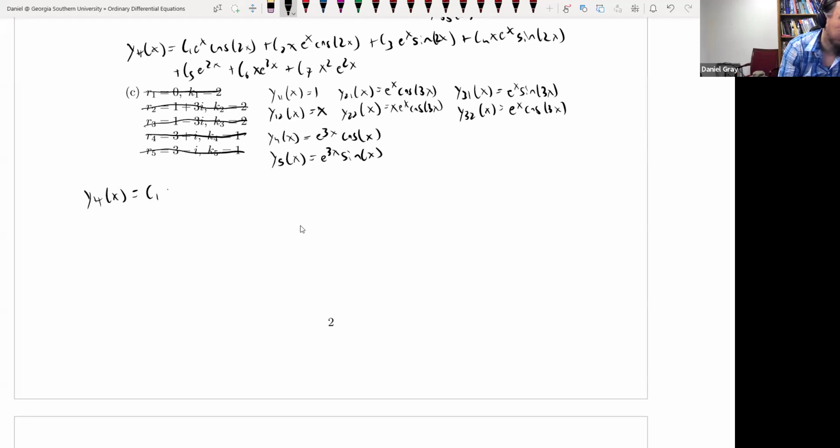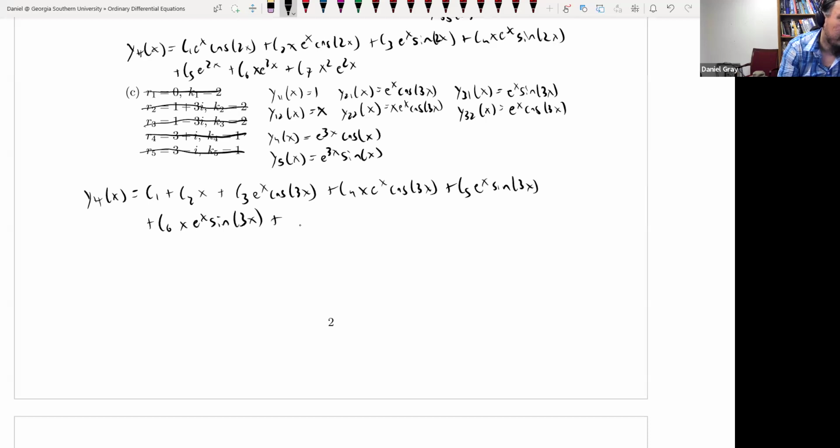C1 times 1, I'll just leave it as C1, plus C2 times x, plus C3 times e to the x cosine of 3x, plus C4 x e to the x cosine of 3x, plus C5 e to the x sine of 3x, plus C6 x e to the x sine of 3x, plus C7 e to the 3x cosine of x, plus C8 e to the 3x sine of x. All right, there we have it.